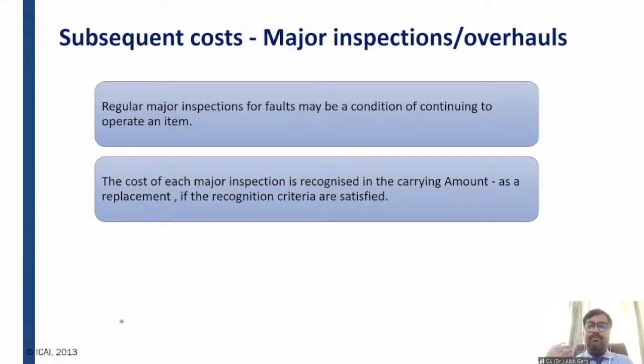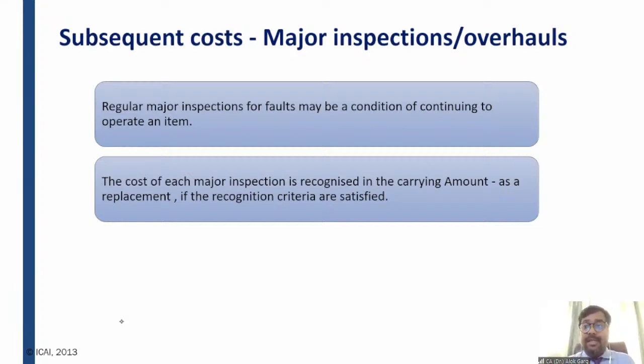when the company bought the aircraft, it was already inspected, right? And inspection has some cost. It means this inspection cost is already consumed in the cost of the aircraft, right? And the life of the aircraft is, for example, 20 years. But it has to go to the major inspection at an interval of every 5 years.